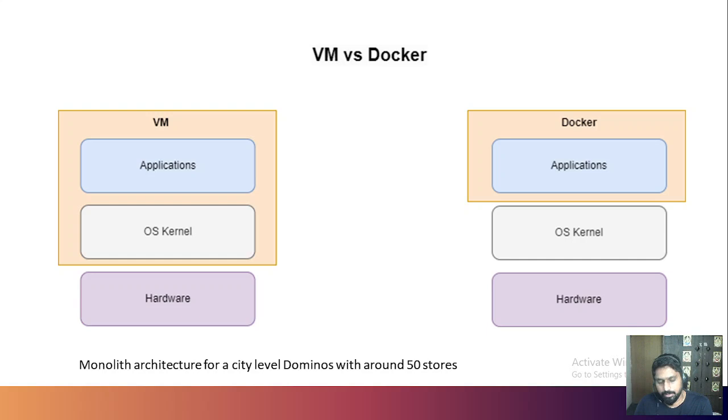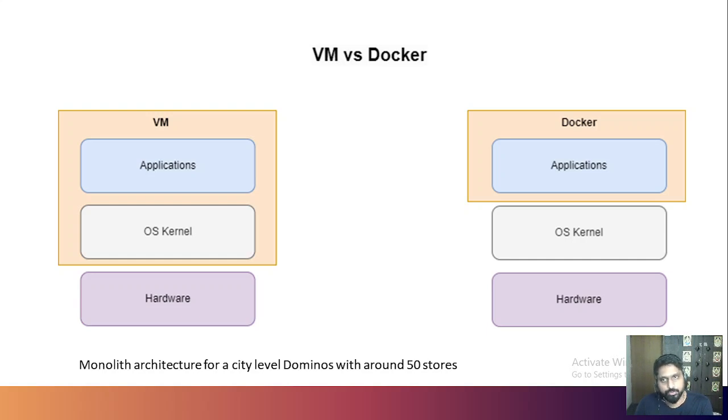But if you're installing a hypervisor on top of the hardware, you can install 5 to 10 servers. I'm just giving random numbers. You can start with 2 servers going up to 10-20 servers depending on the size and capacity of the hardware underneath. So you have different OSes. You can have 2 Windows, 2 Linux, whatever it is.